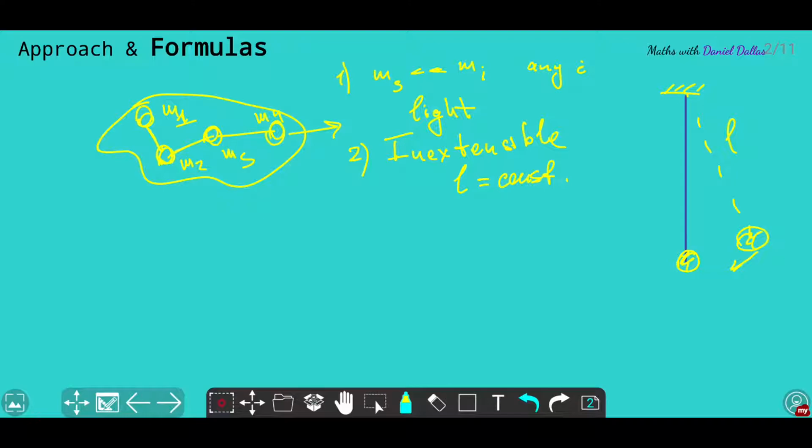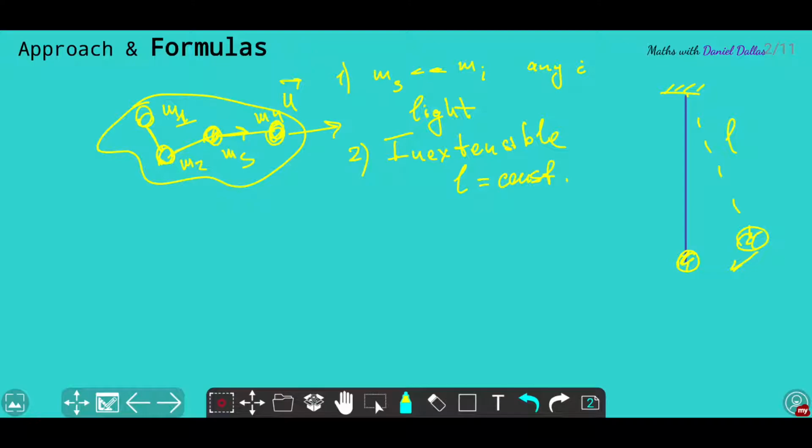It means that if the first object moves with some velocity u, the object that follows the first one, in this case m4, will keep the same speed but probably a different direction of velocity.